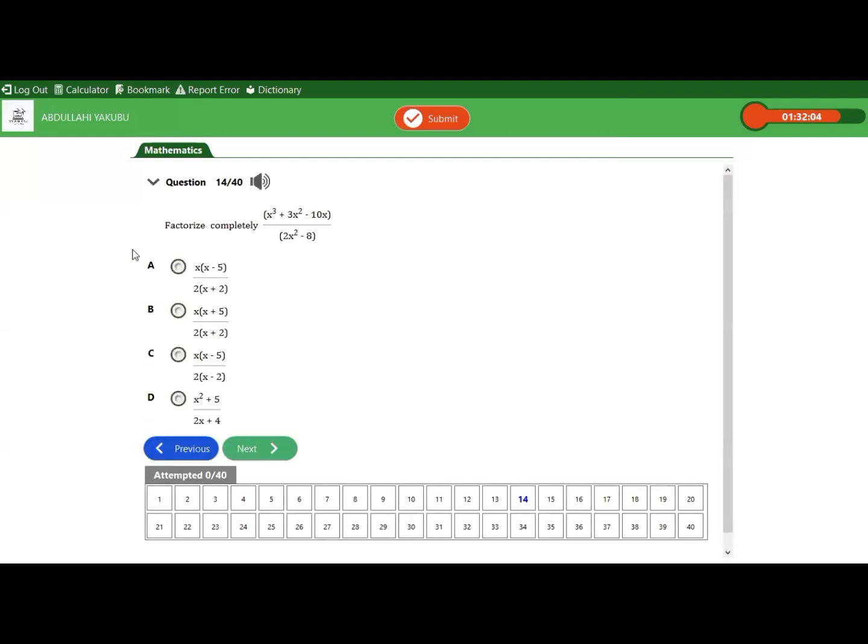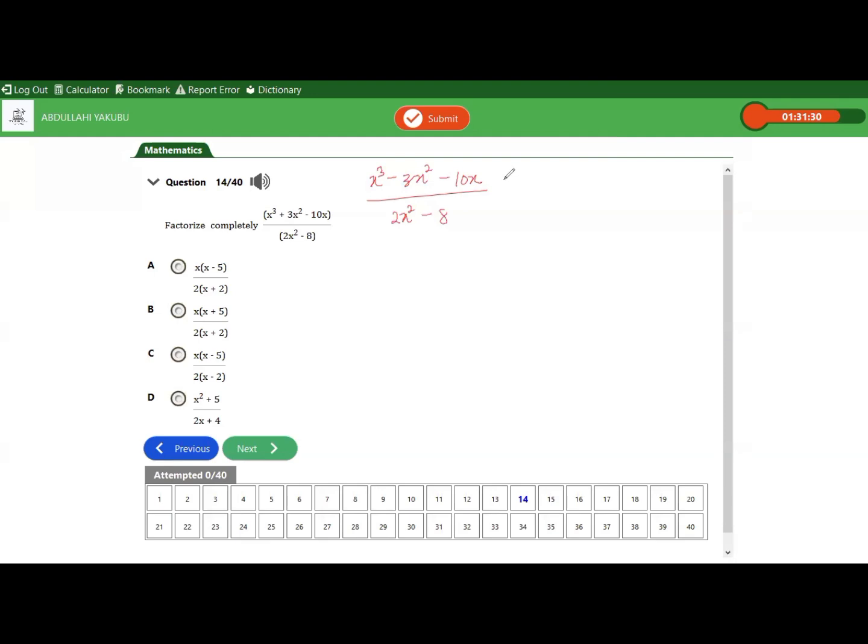So here's the next question. It says it should factorize completely, given that x raised to power 3 minus 3x squared minus 10x, everything divided by 2x squared minus 8. So if this is given, looking at the numerator critically, you see that there are common factors.